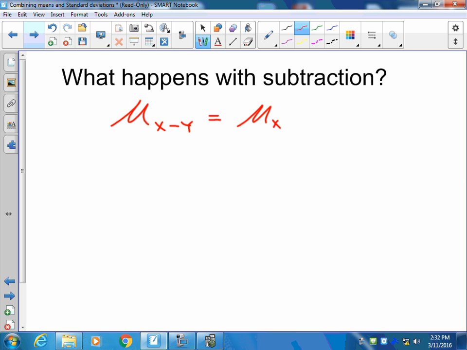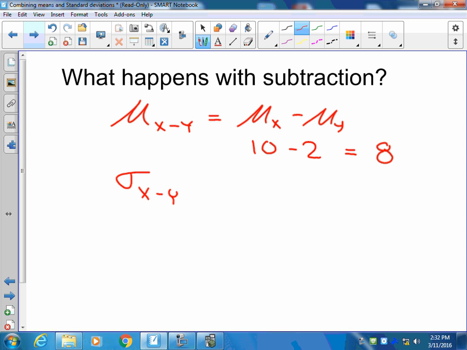The mean value of x minus the mean value of y, and that gets us our answer. So for using our values that we had in the previous problem, 10 minus 2 equals 8.